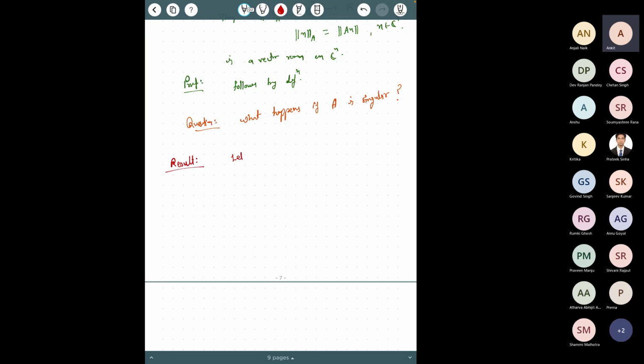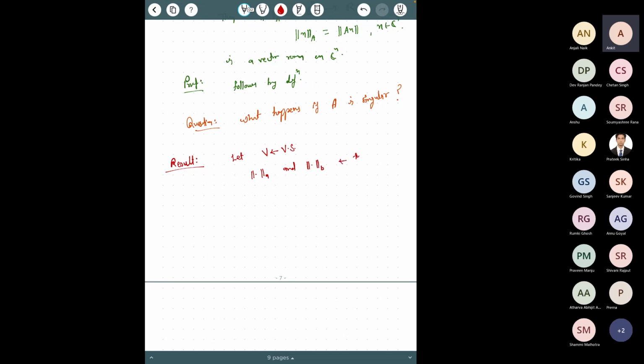So let V be a vector space, and suppose that we have two norms. One I'm denoting by the A norm, and the other one I'm denoting by the B norm.